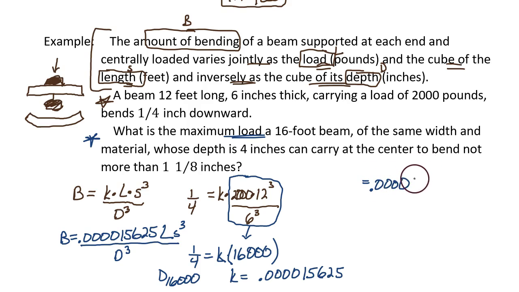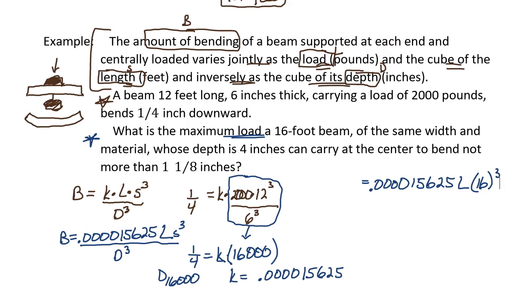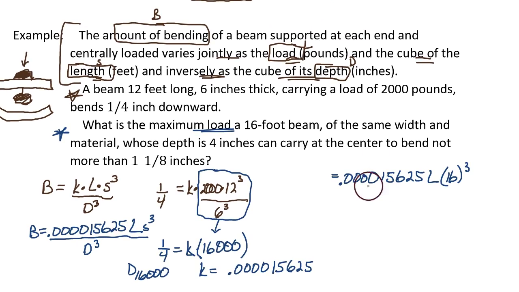So here is the value of K times L, and then where S is, fill in 16. That's divided by D cubed. Well, D was representing depth, and it says the depth is 4 inches. So fill in 4 for D. And we don't want it to bend more than 1 1/8 inches, and that was capital B. So fill in 1 1/8.